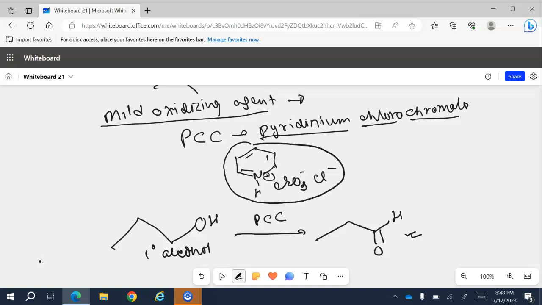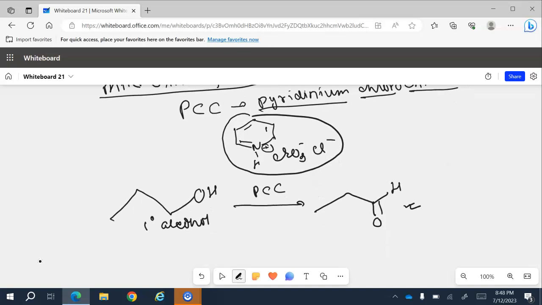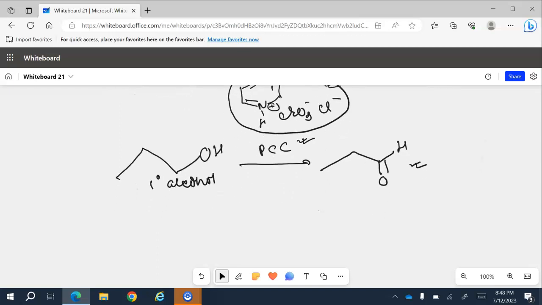So if from the primary alcohol you wanted to stop the reaction in the aldehyde state, then we need to use the mild oxidizing agent, or PCC. So pyridinium chlorochromate. So remember that it's a mild oxidizing agent.